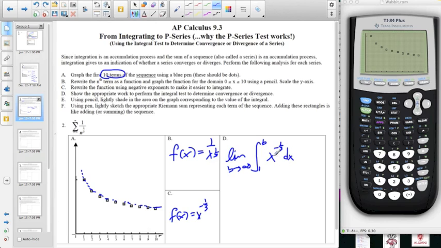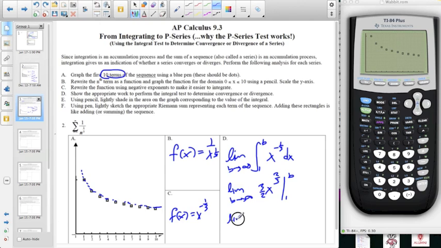And so when we integrate this, bumping the power up by 1 is 2/3, so we're multiplying by the reciprocal. So we have 3/2 x to the 2/3 power evaluated from 1 to b.